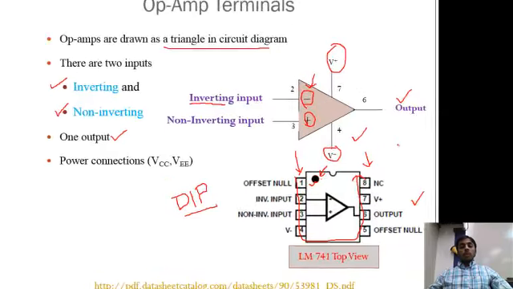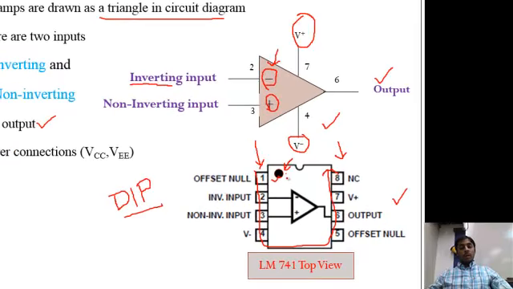So when I observe the IC, pin number 2 is the inverting input, as you can see specified on the circuit schematic. Pin number 3 is the non-inverting input. Pin number 4 is the negative supply, pin number 7 is the positive supply, and pin number 6 is the output.